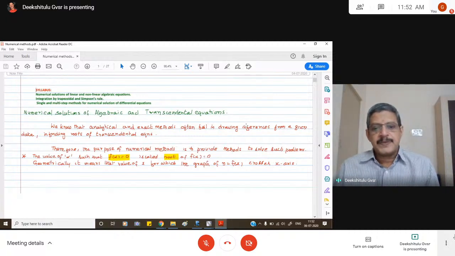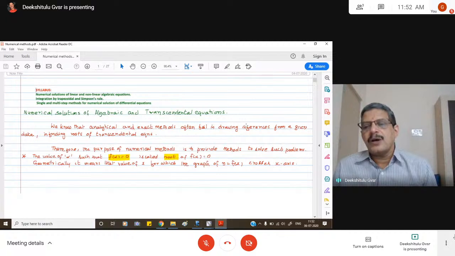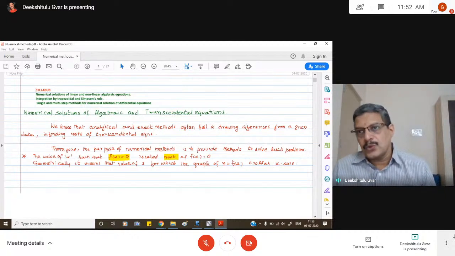Therefore, the purpose of numerical methods is to provide methods to solve problems which are not possible to solve using analytical methods. What is the root of a function? Let us say we have an equation f of x is equal to 0 and we want to find the root.